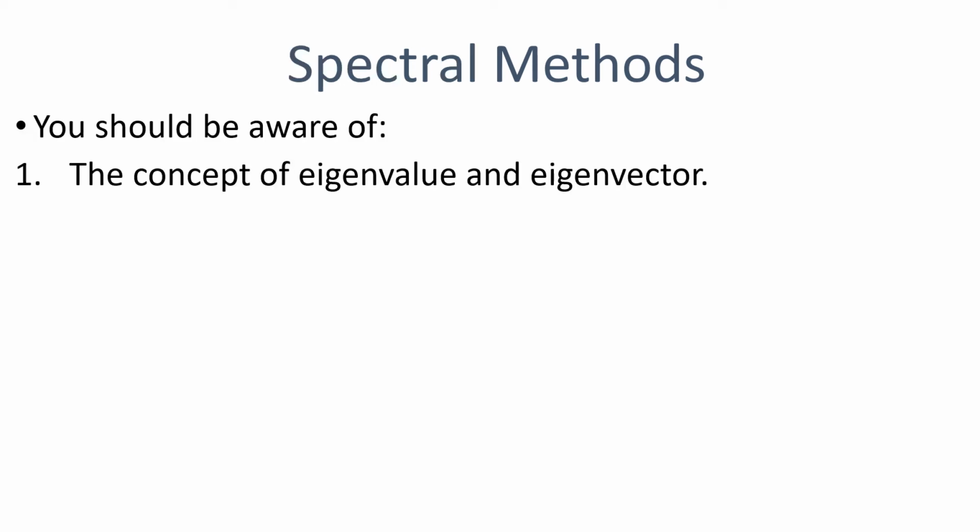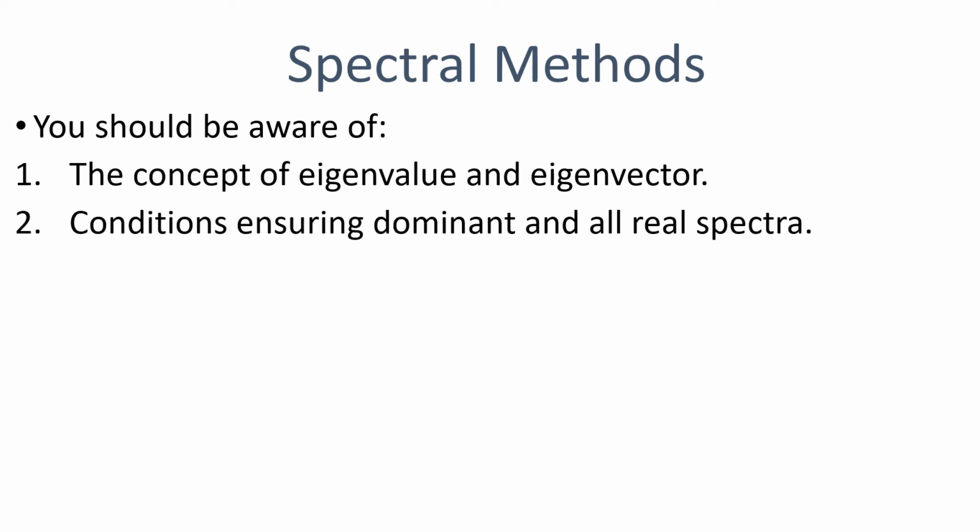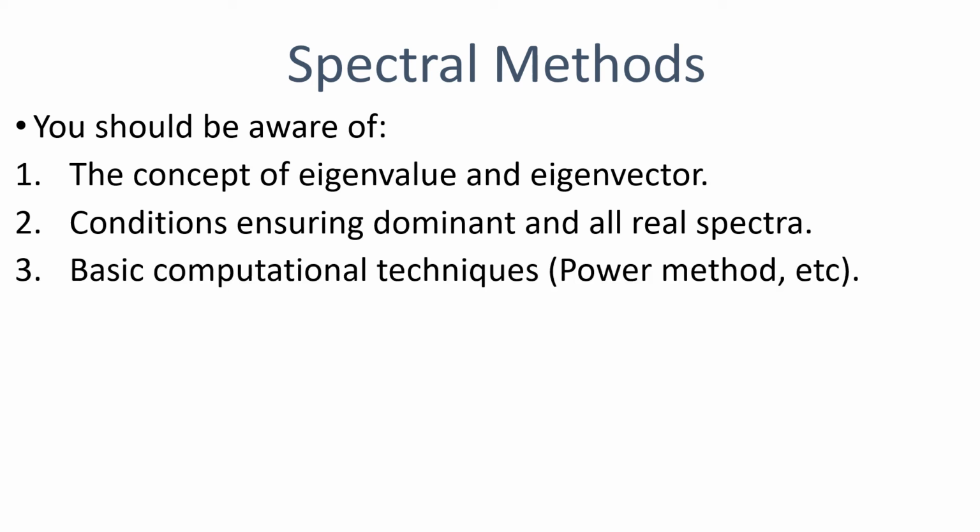In spectral methods, you need to know what exactly the concept of eigenvalue and eigenvector are describing. So what the form of the eigenvalue problem, as I called it, is. You need to be aware of conditions which ensure there's a dominant eigenvalue in the case where all of the eigenvalues in the spectrum are real numbers.